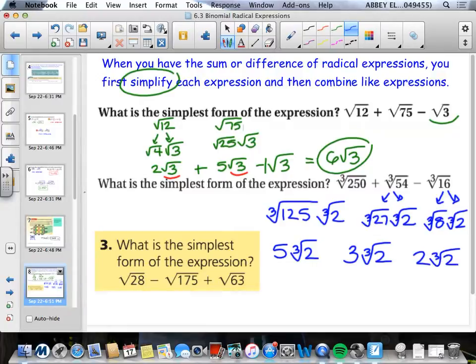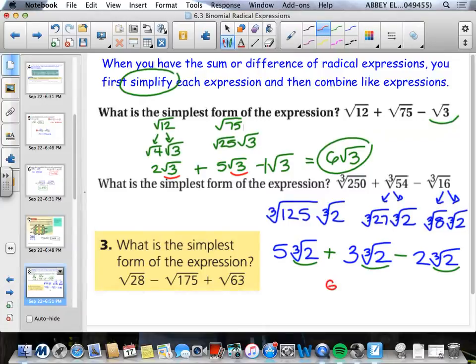And all I have to do is fill in my signs here. So I have a plus in between there, and a minus in between there. And I notice here, all of my indexes and my radicals are the exact same, so I can simplify this down. I have 5 plus 3 gives me 8, minus 2.